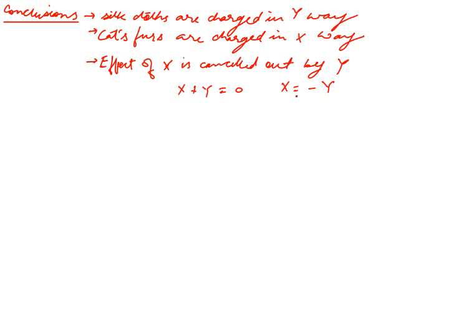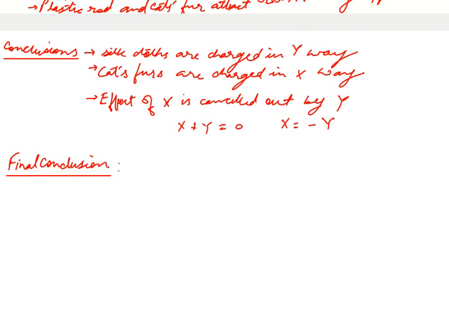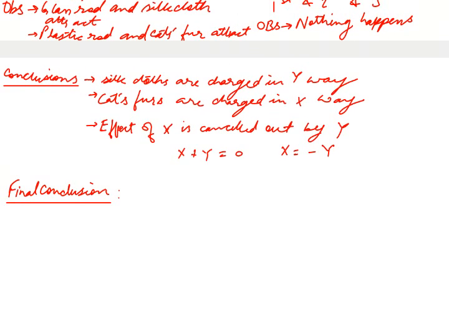Now collecting all the conclusions, these are the final conclusions we can derive from this experiment. As I promised, you will know what electric charge is, not exactly what it is, but the discovery of electric charge, how we can say that there is something called electric charge.